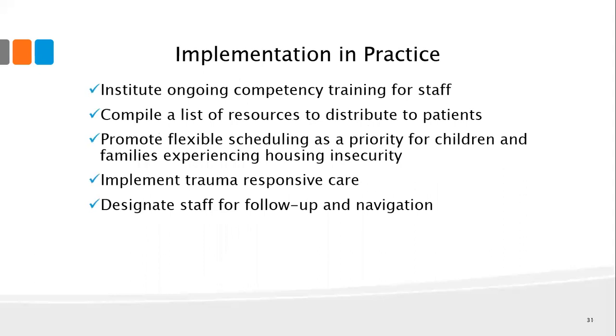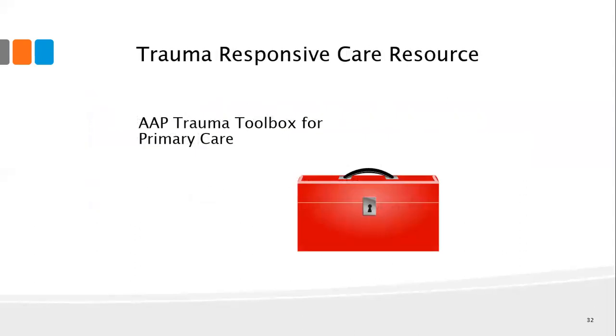Now, to implement this into practice, we should institute ongoing competency training for all staff, compile a list of resources to distribute to patients, promote flexible scheduling as a priority for children and families experiencing housing insecurity, implement trauma-responsive care, and designate staff for follow-up and for navigation. And if you need more information on how to provide trauma-responsive care, the AAP has a trauma toolbox for primary care.